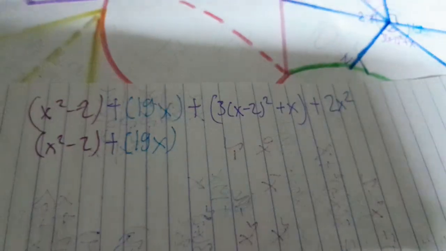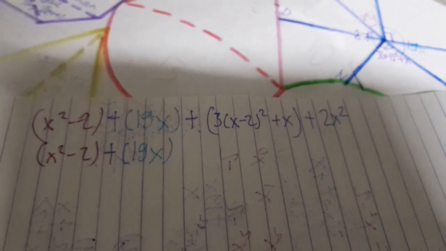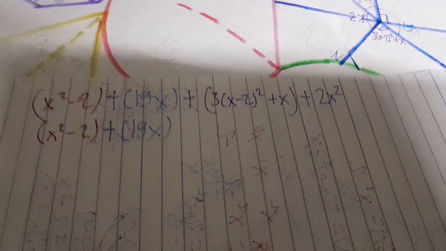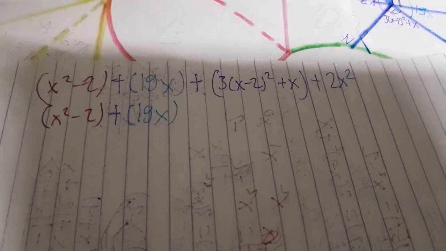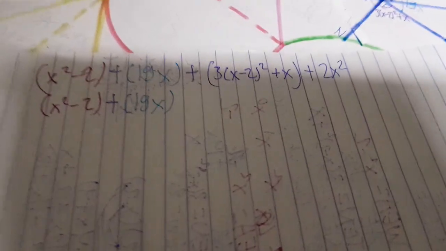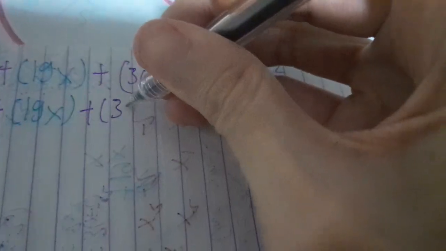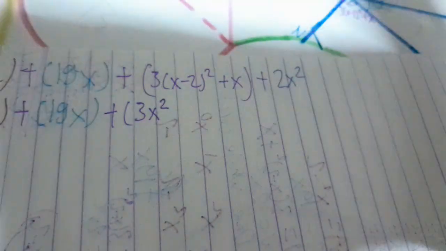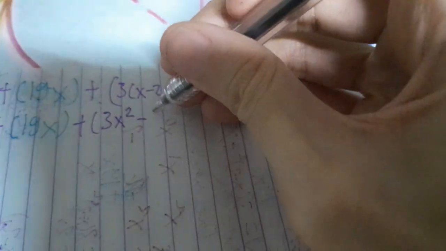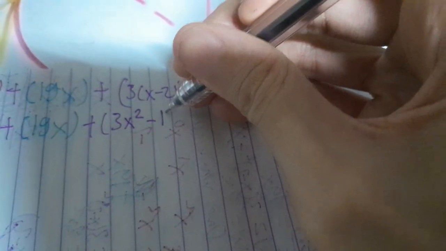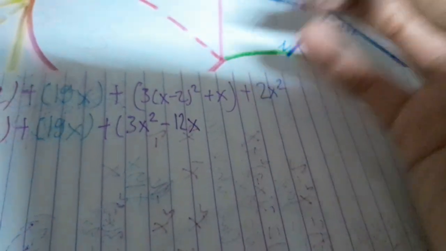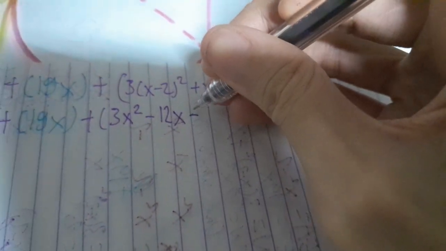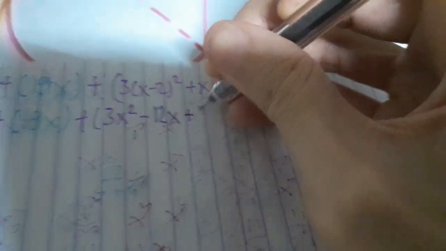On the third part, we simplified. Remember, x minus 2 squared is x squared minus 4x plus 4. But multiplied by 3, we get plus 3x squared minus 12x plus 12.